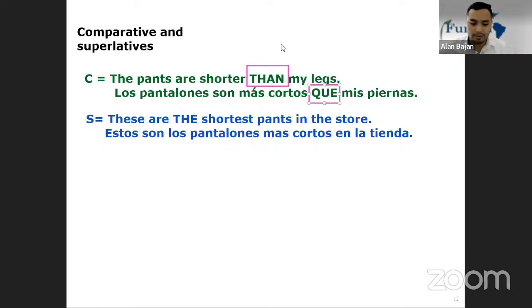Más lindo que tú, más feo que tú, más brillante que el sol, etc. And of course, I have right here the shortest. These are the shortest pants. That is like los in this case.